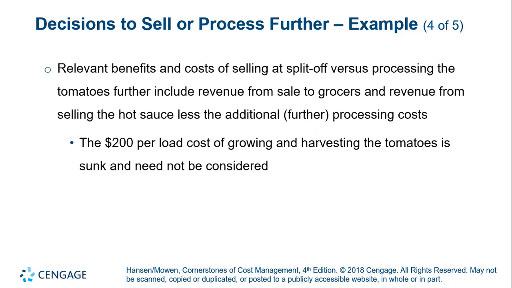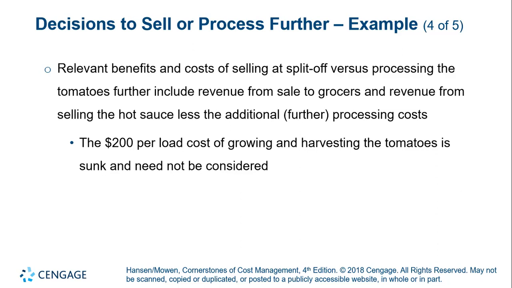Relevant benefits and costs of selling at split off versus processing the tomatoes further include revenue from sale to grocers and revenue from selling the hot sauce, less the additional further processing cost. The $200 per load cost of growing and harvesting the tomatoes is sunk and need not be considered.